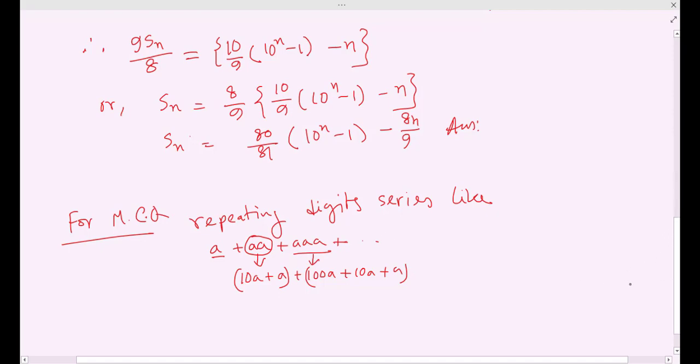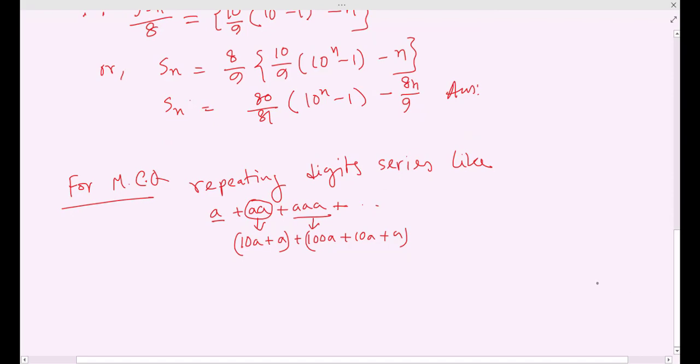Now repeating digit series means for this type of series you will get Sn equal to, look here, 8 was here and the remaining part is the same.